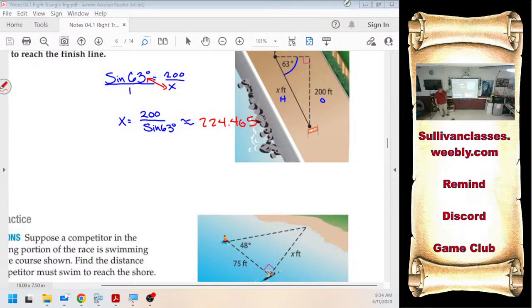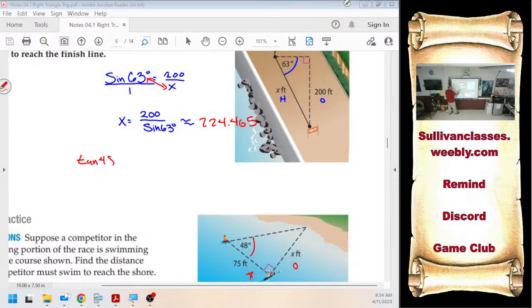Look at the next one. 48 degrees is awful close to 45. Will x be larger or smaller than 75? Because the angle was a little bit bigger, the side should be a little bit bigger. I'd say it's probably going to be 80-ish. But I will set up from here. This is adjacent, opposite is tangent.